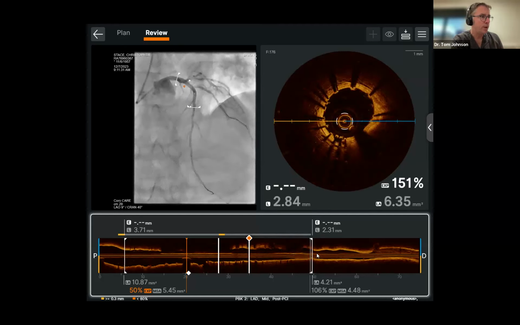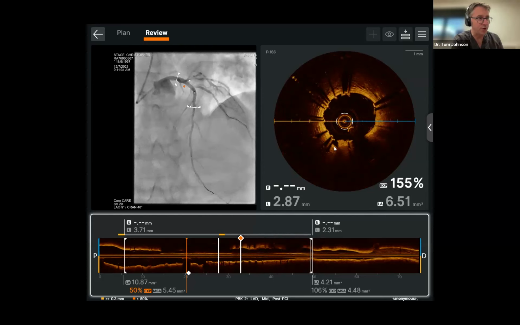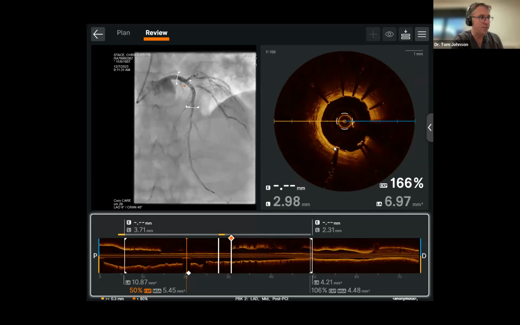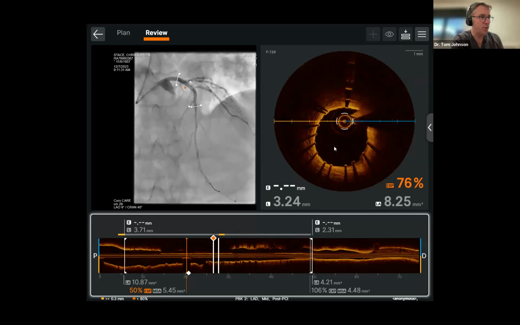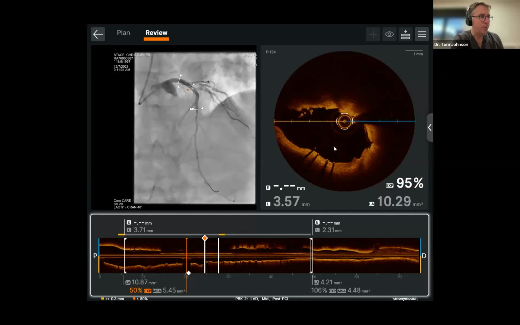If we come up to the side branch, you can see the overlap of the stent. You can see 2 layers of stent struts here and up here. There is just a little bit of malapposition due to the eccentric nature of the vessel at that point. Then we should see the wire of the bifurcation.